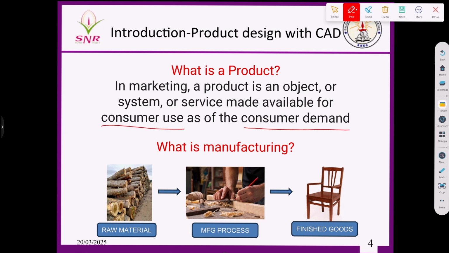Based on the demand and the requirement from the consumer, an engineer should be capable of assessing this demand and these requirements and developing a product. This product has to undergo a process called manufacturing to get a good viable product. What is manufacturing?